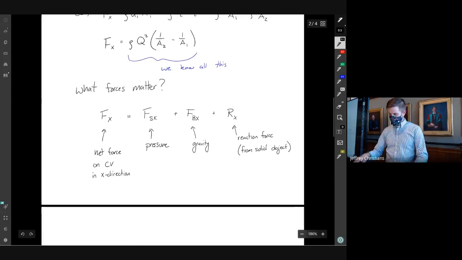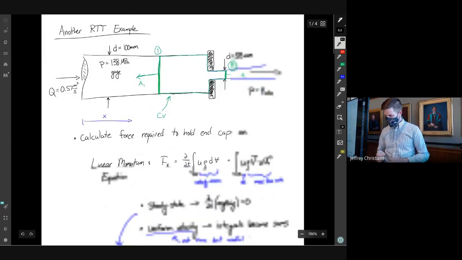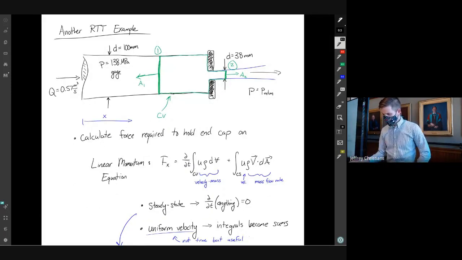For this specific problem, we have pressure acting on side 1 and pressure acting on side 2. Pressure is pushing in on all sides. We have gravity, which is the weight of the fluid. I don't know which orientation this is relative to the ground, but we're going to have really big pressures.